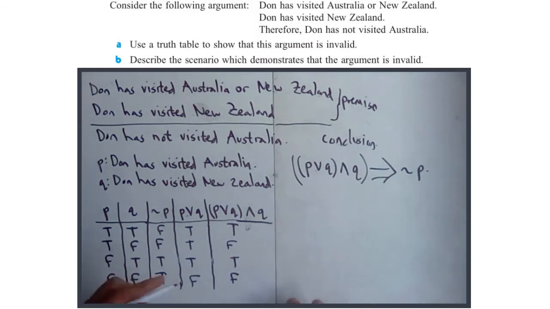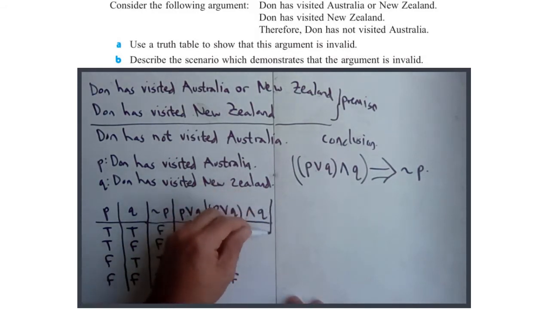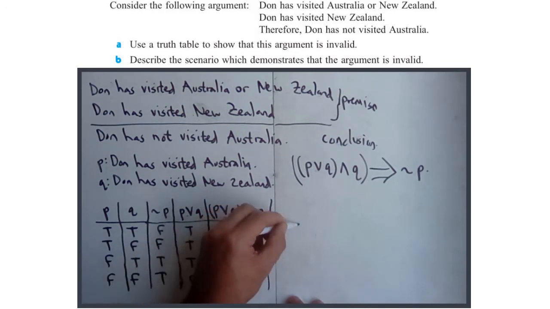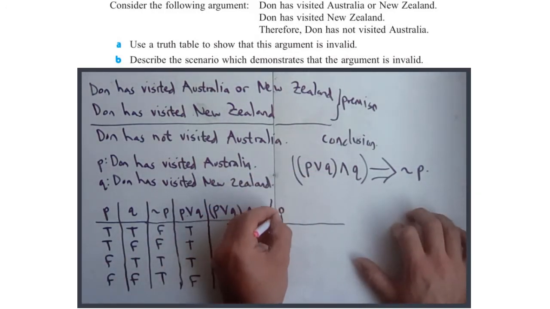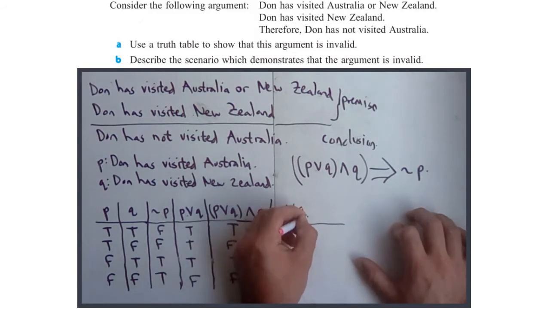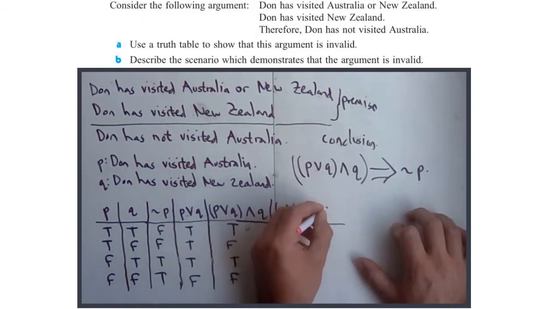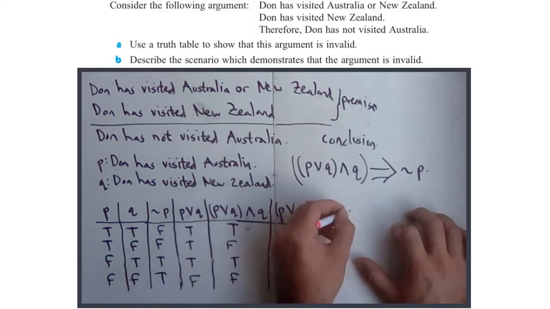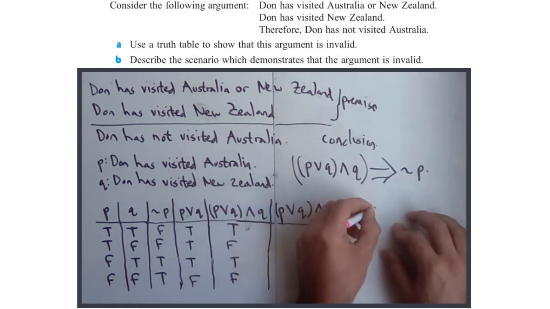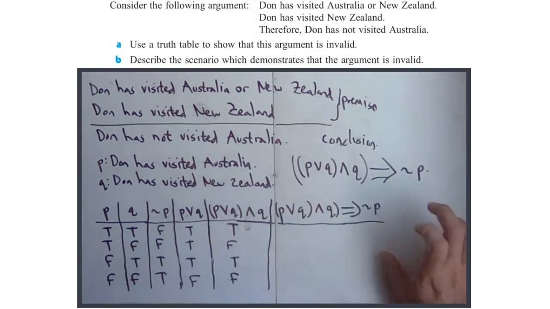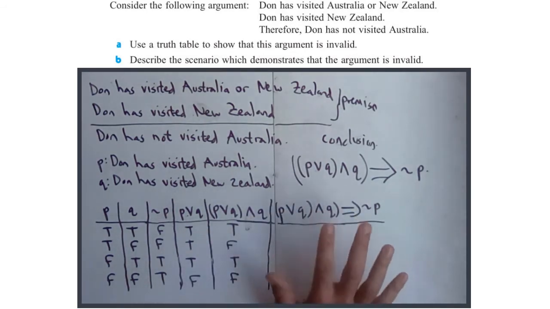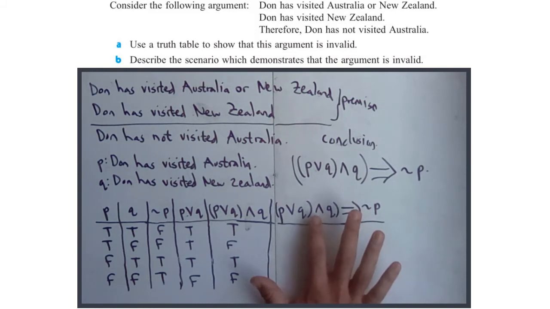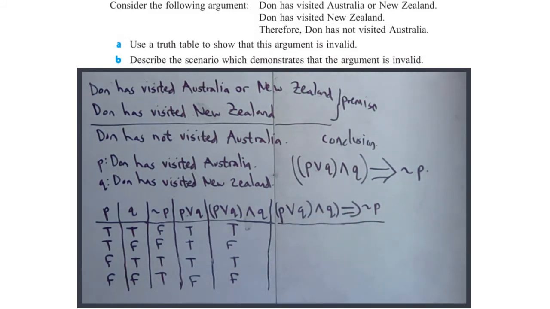Okay, so now we can do our final column, which is this P or Q and Q. Does that imply the negation of P? Remember, an implication, one thing implying the other, is only ever false when the first one is true and the second one is false.